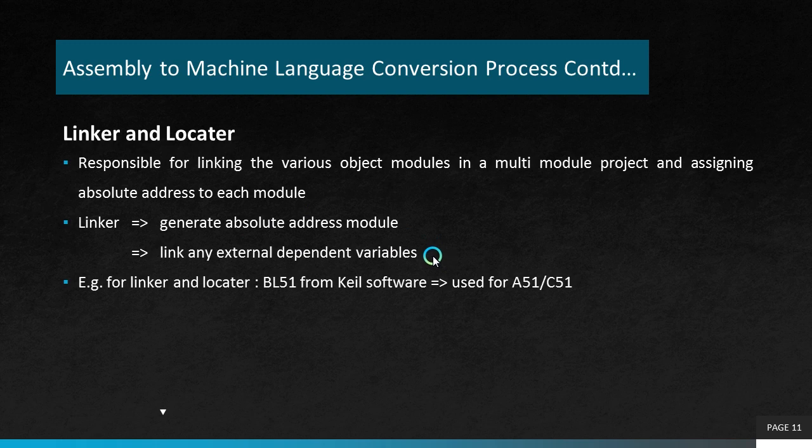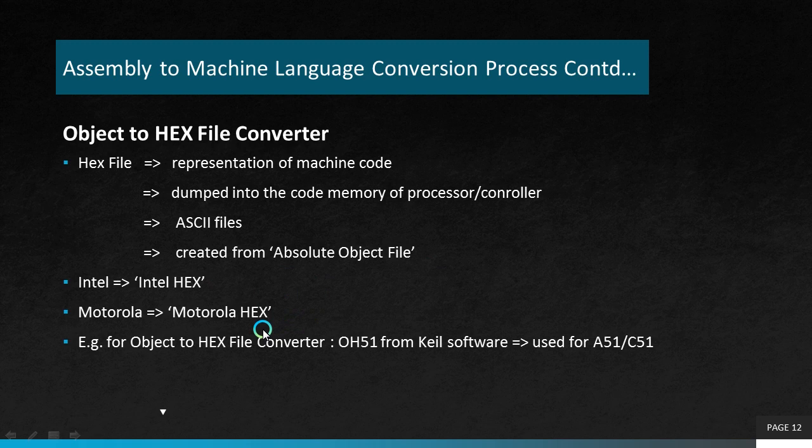The absolute object file generated by the linker is further used for creating hex files. An example of a linker and locator is BL51, used for the A51 assembler or C51 compiler.